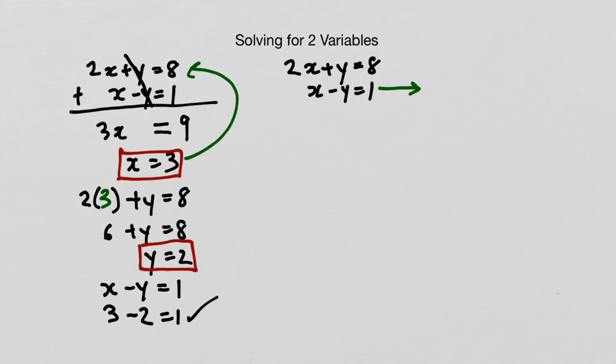So we're going to write x is equal to 1 plus y, adding y to both sides. And now we have y on the right side of the equation. I'm going to pause there for just a second or two so you can see what I did.